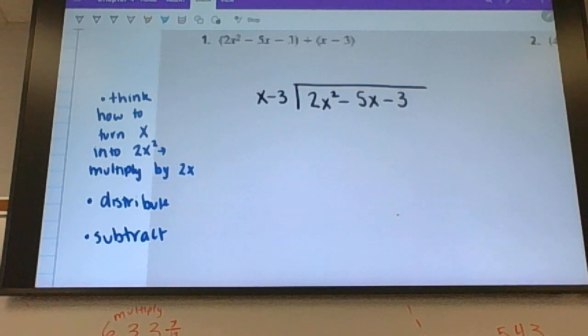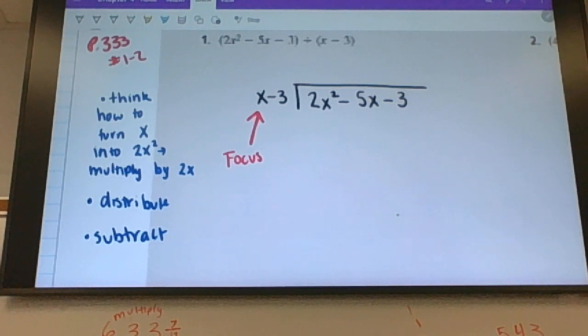Right away, we have to pick a number for the top. We're going to focus all of our attention here. Ignore the -3. Who cares about the -3? The -3 works itself out. Focus on x to get the numbers up top. This is page 333. We're doing number 1 and 2.